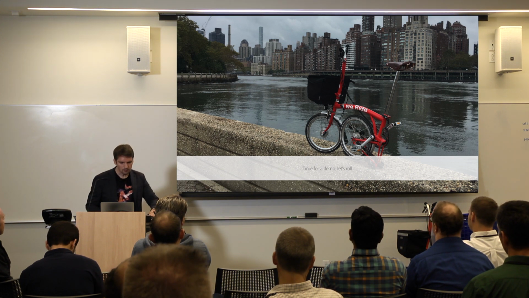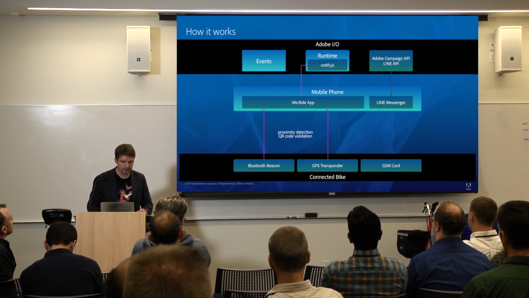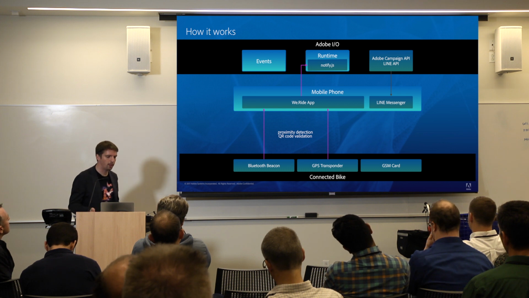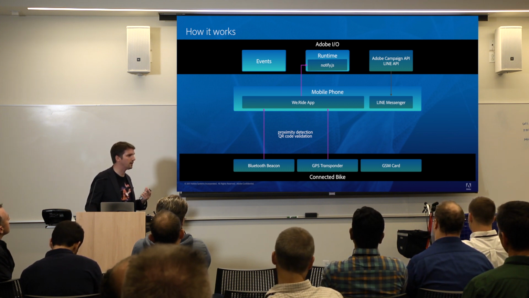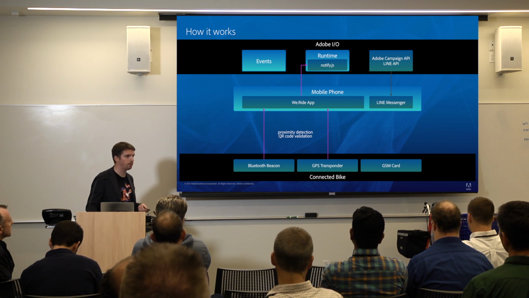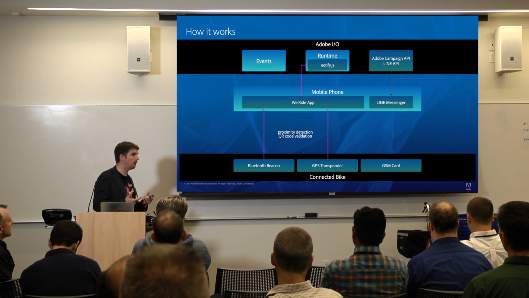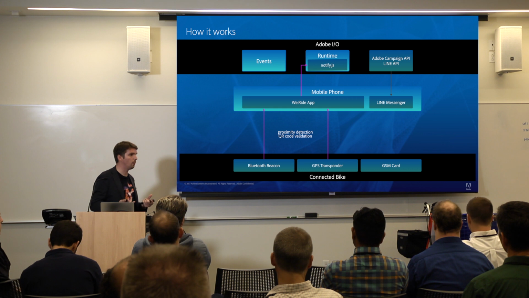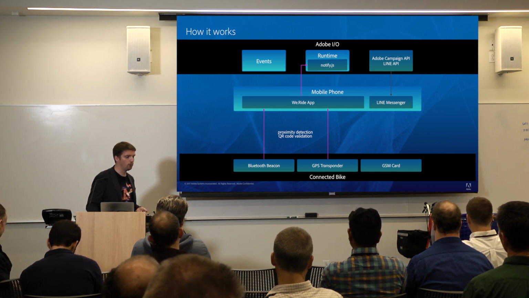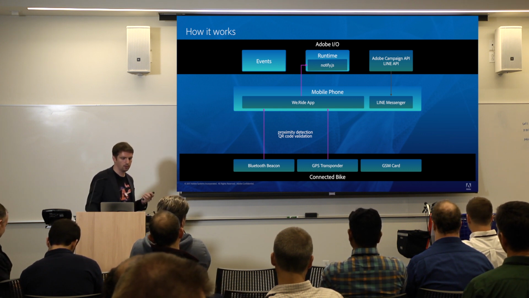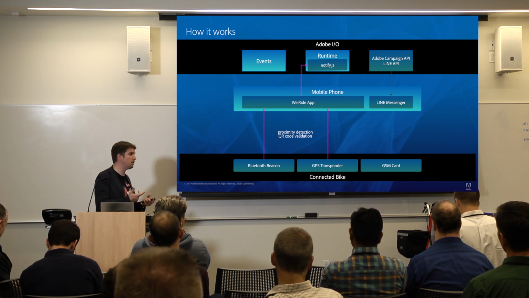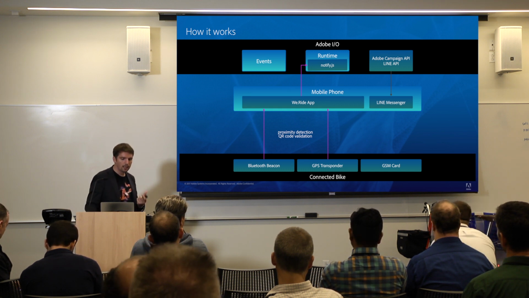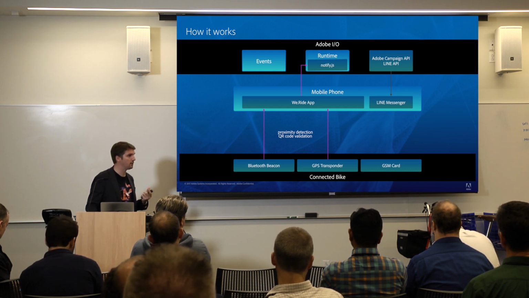And the basic idea is we have really 3 parts here, right? We have on the one hand the connected bike. The connected bike can communicate on the one hand with the cloud and with the mobile device, either through Bluetooth or through QR codes or through simply GPS and GSM. Then we have on the mobile phone the WeRide app, which is a PhoneGap app.